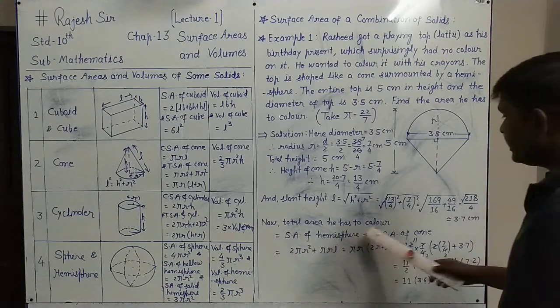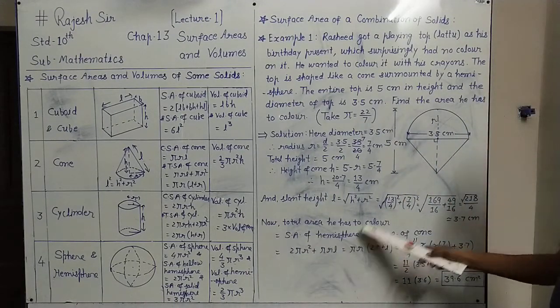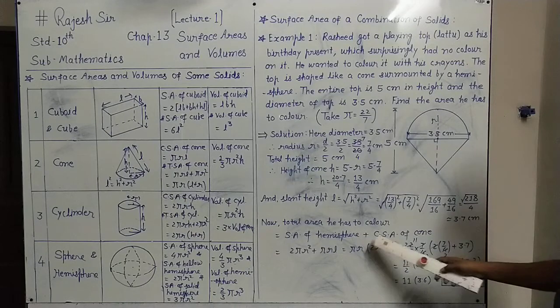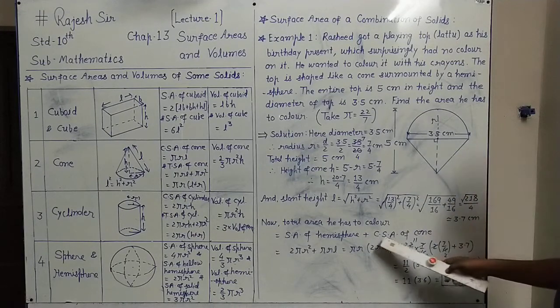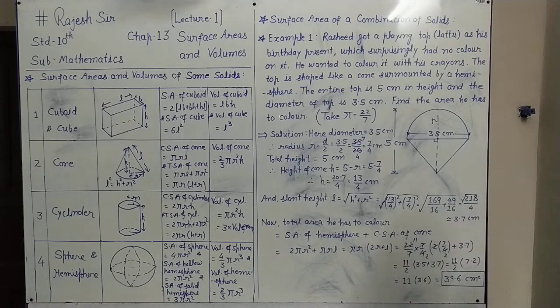Now the total area he has to color is, on the upper side, the surface area of the hemisphere, plus on the lower side, the curved surface area of the cone. The sum of these two is the area that he has to color.